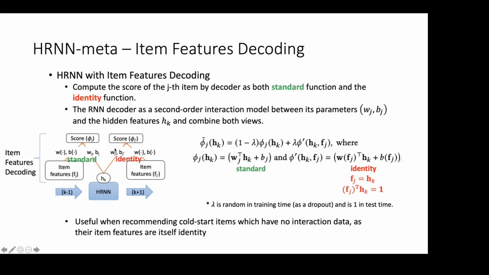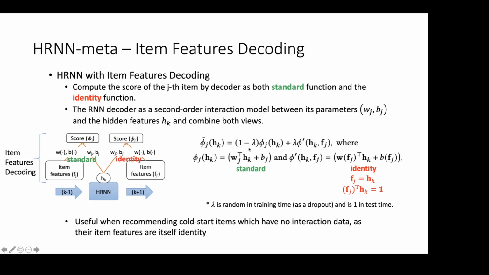I'm not sure how to interpret these equations, but I'm guessing this might be working as an identity function decoder, to explicitly supervise that when this score is high, this score has to be low, and vice versa.